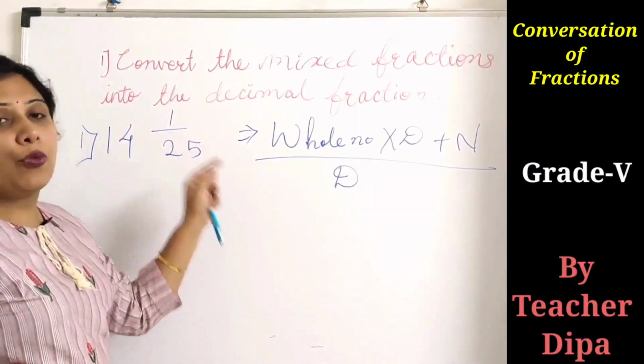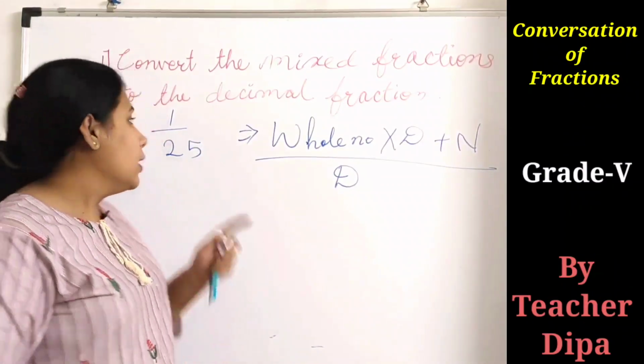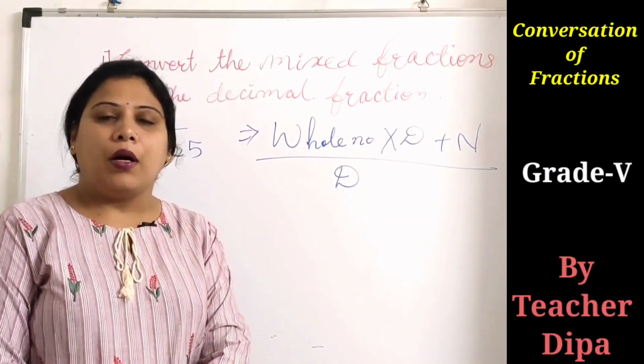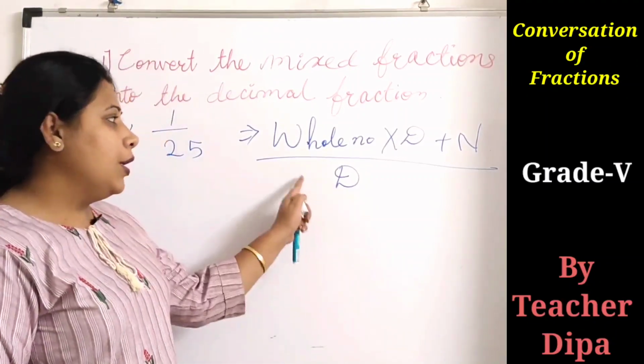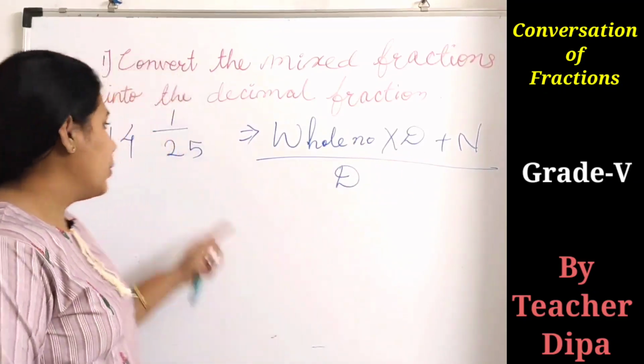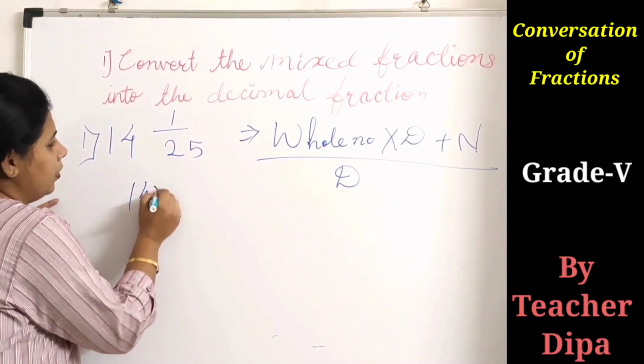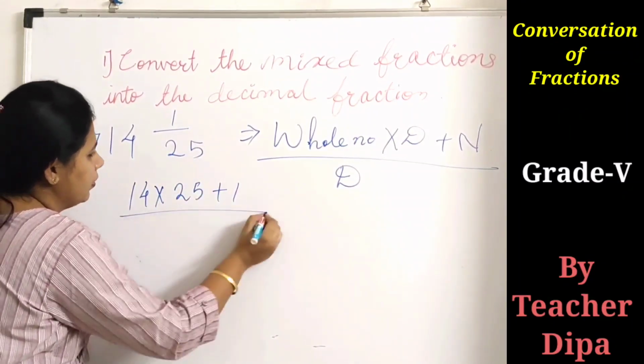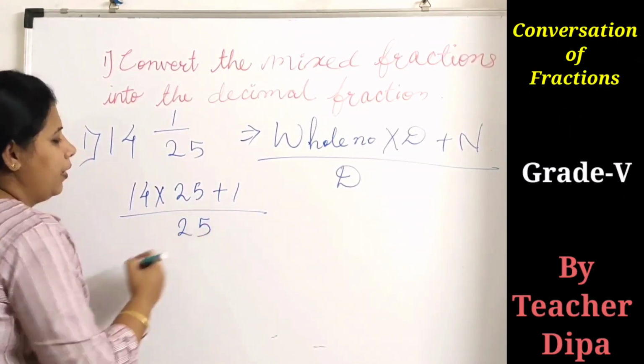This is the fixed formula we have to keep always in our mind. When we are going to convert any mixed fraction or any mixed number into the improper fraction, we need to do it in this way. So accordingly, 14 into 25, I am adding 1 as numerator, and again divided by 25.